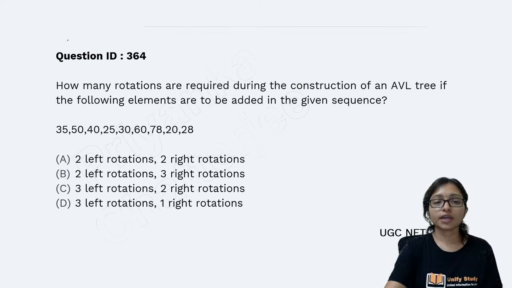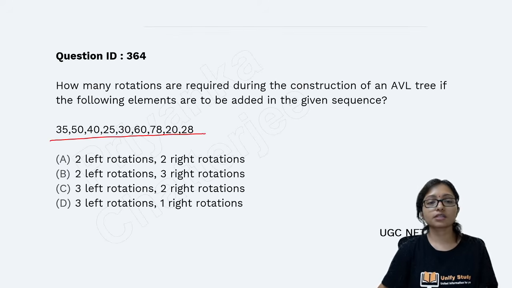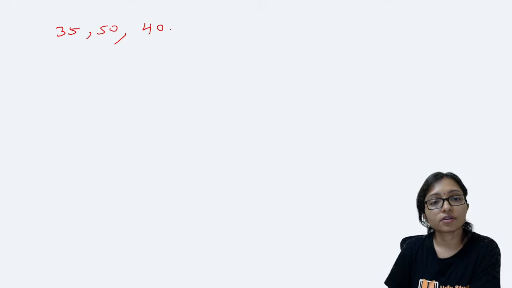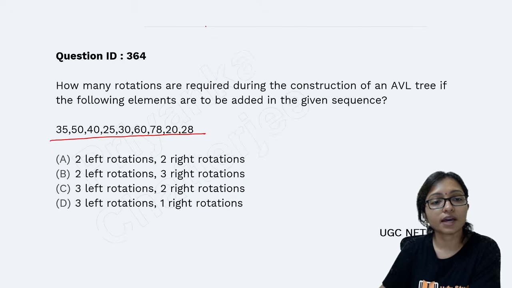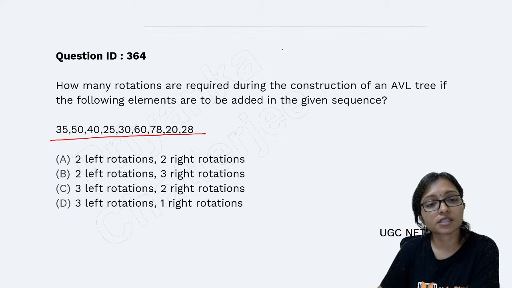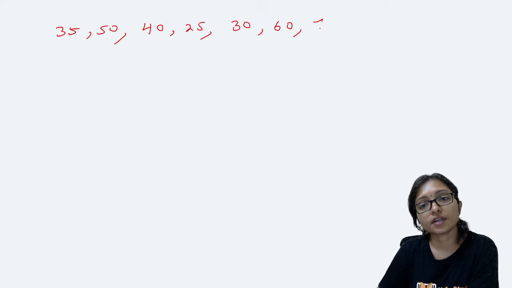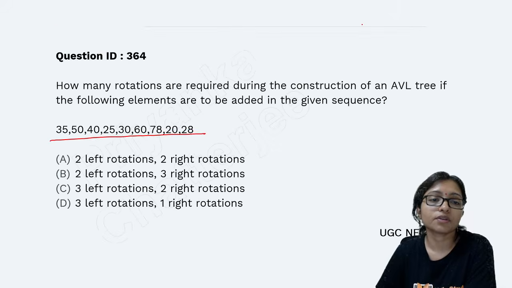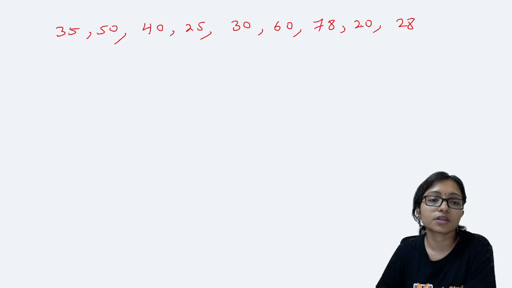Okay, so here I will write down the sequence first. 35, 50, 40, 25, 30, 60, 78, 20, 28.